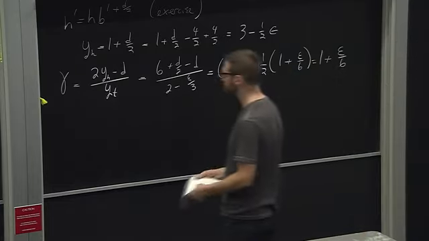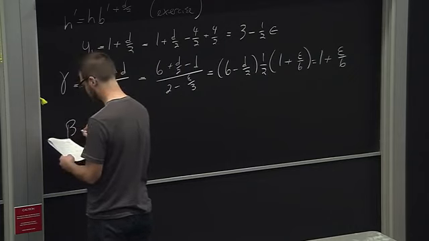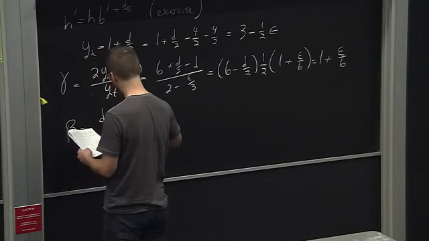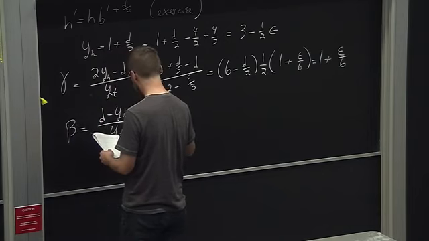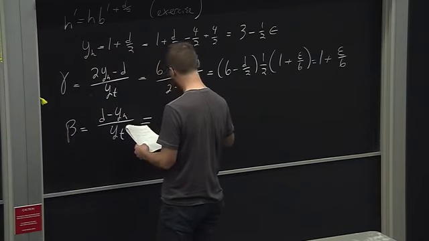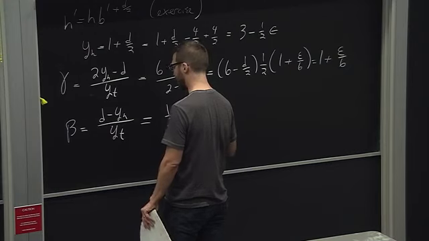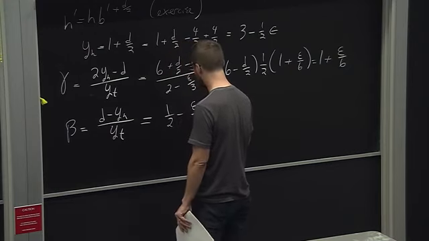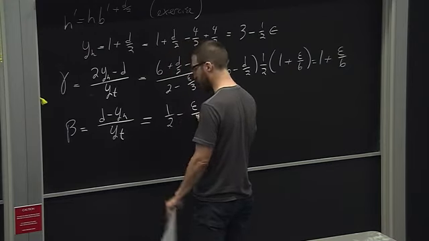And beta, let me just write it down. Beta was always a half. Now it's a half minus epsilon over 6.